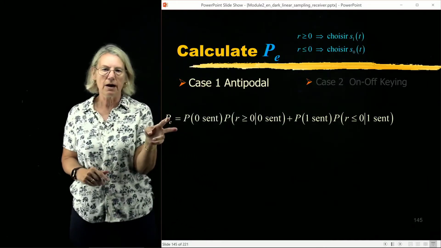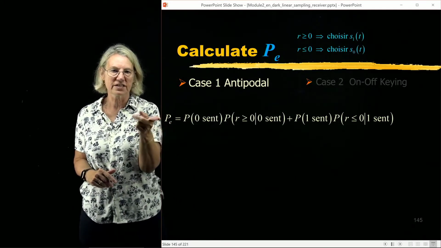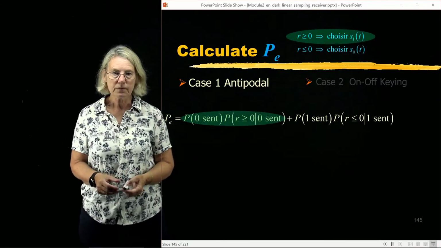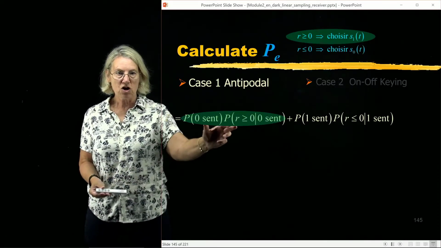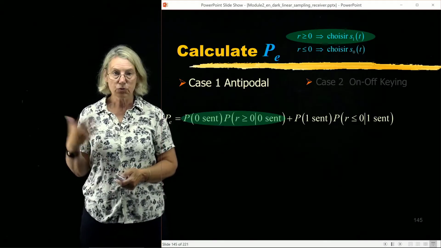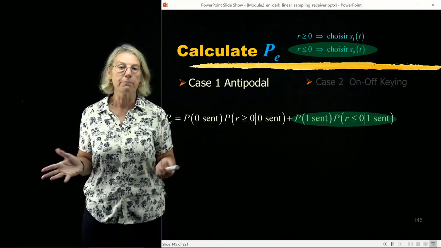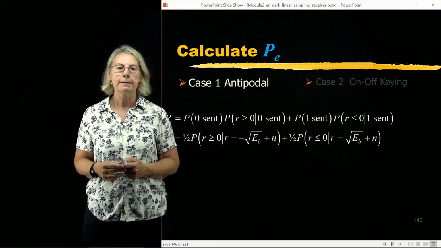So this is the law of total probability, which gives us an expression for the probability of error. The first term is for the first situation, and the second term for the second type of error. There are two types of errors.